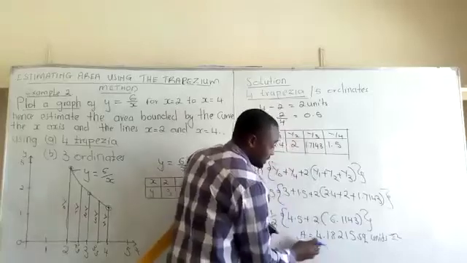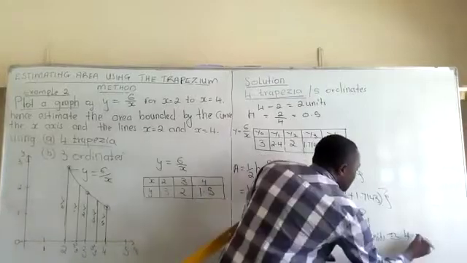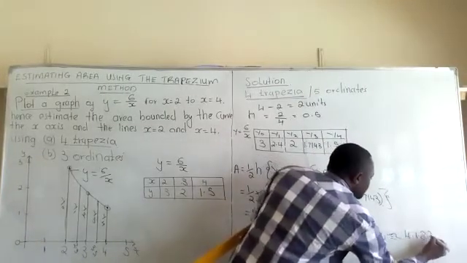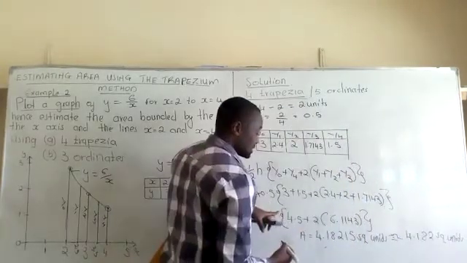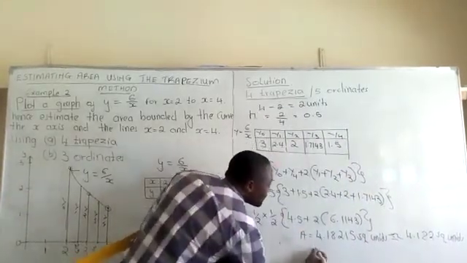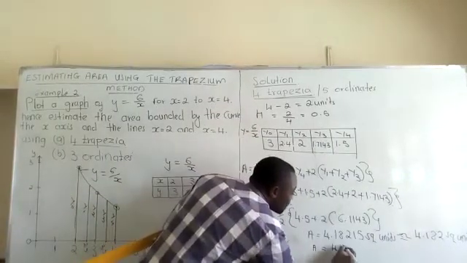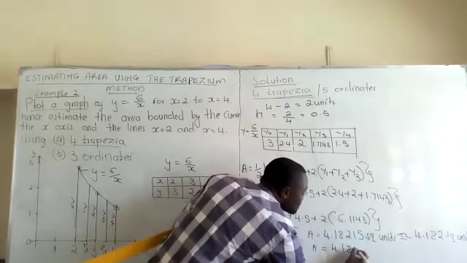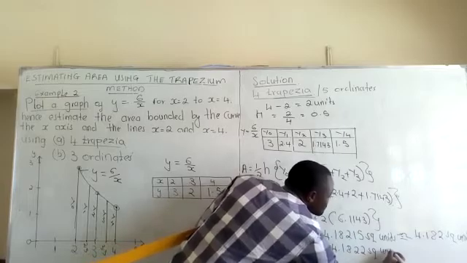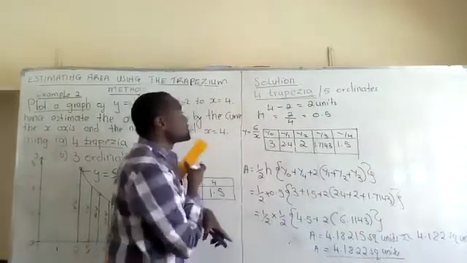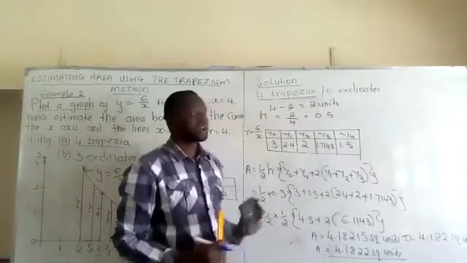If it was 4 significant figures, we could give it as 4.182 square units. But in this case, we'll go for 4 decimal places so that we have a higher accuracy. Then we give it as 4.1822 square units. So in this case, we have used 4 trapezia and we have used 5 ordinates.